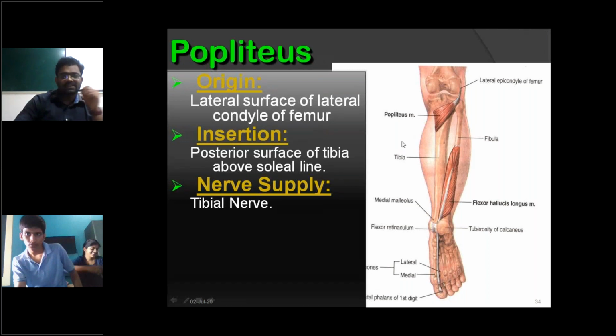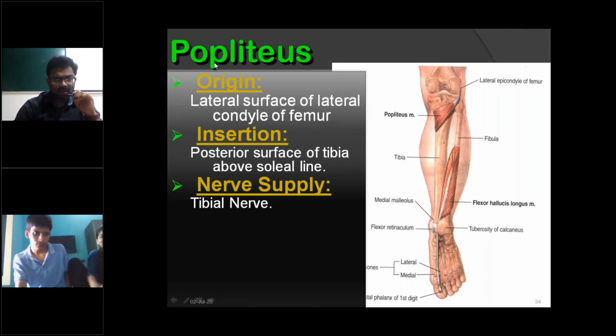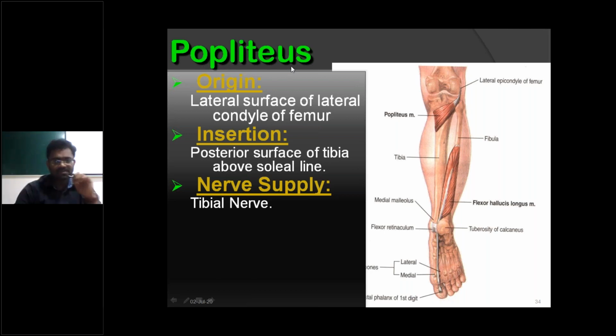I already told you, once again I repeat today. If a 4-mark question on popliteus is asked, write about intracapsular and extrasynovial. What is meant by intracapsular? The origin is within the joint capsule of the knee joint.